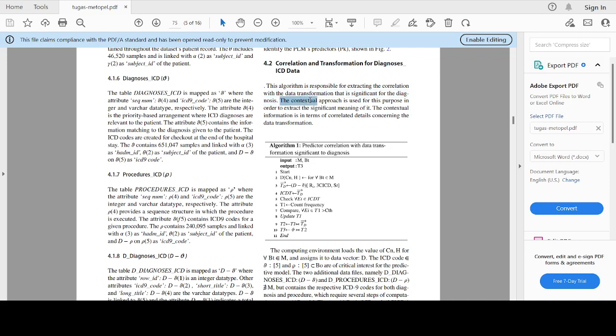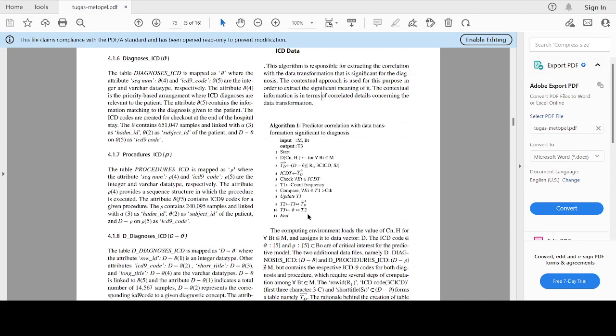The contextual approach is used for this purpose in order to extract the significant meaning of it. The contextual information is in terms of correlated details concerning the data information. So, okay, this is the main framework of the algorithm used to extract the correlation with the data transformation.